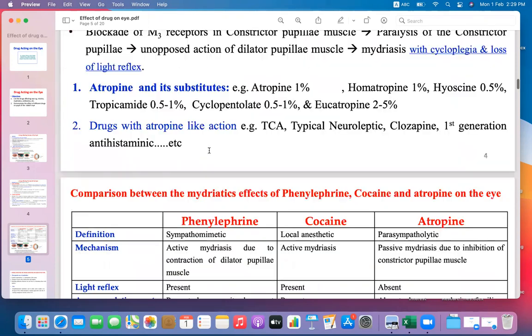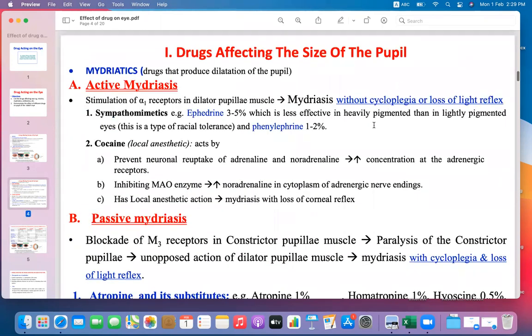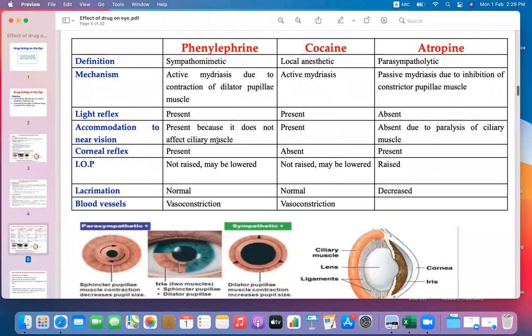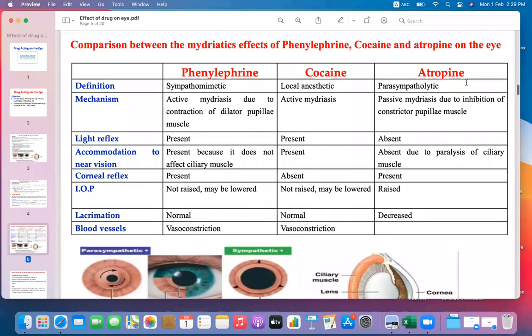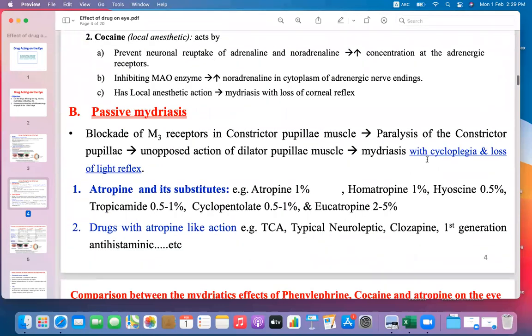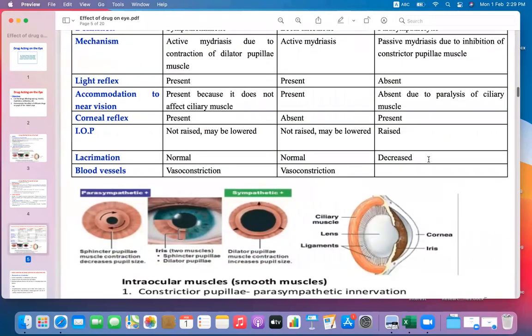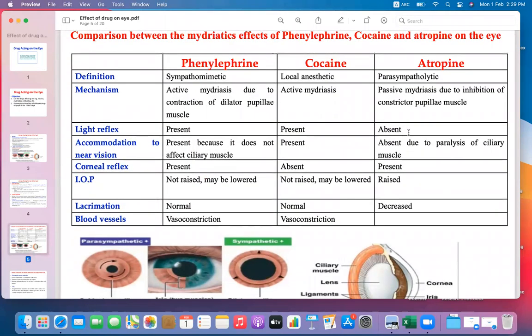Cycloplegia means paralysis of the ciliary muscle and loss of accommodation to near vision. So that's why near vision is present. And in atropine, as it is passive mydriasis with cycloplegia, there is loss of accommodation to near vision. We can say it is absent.